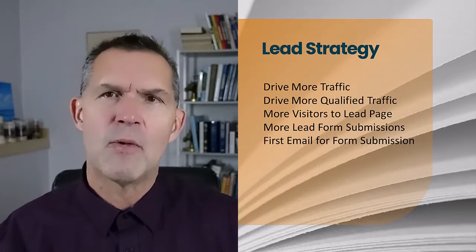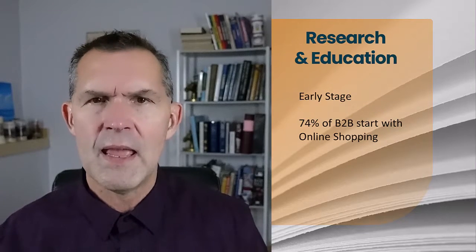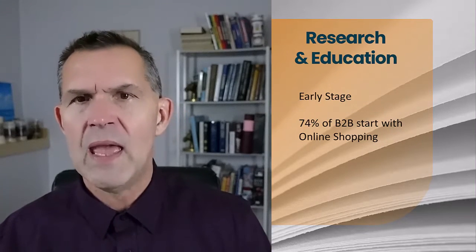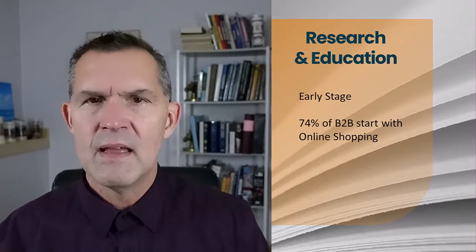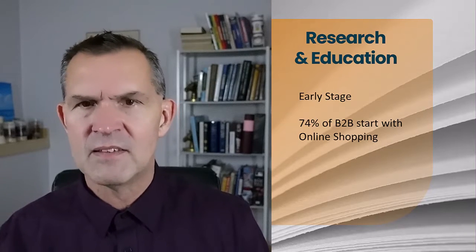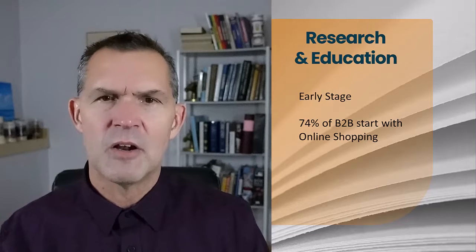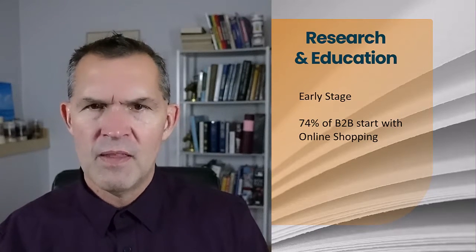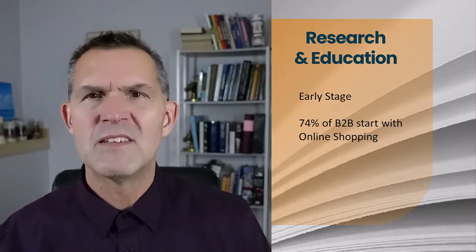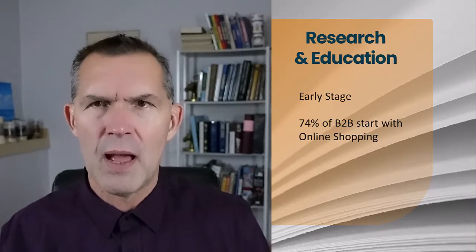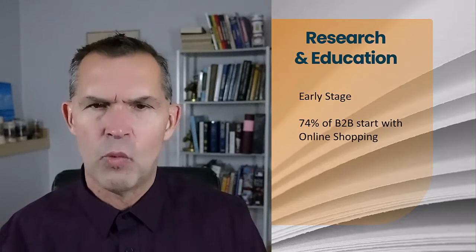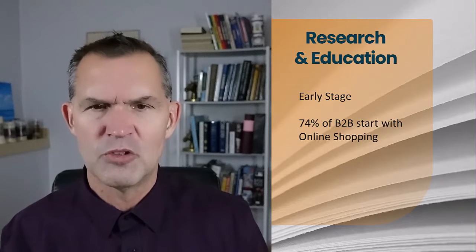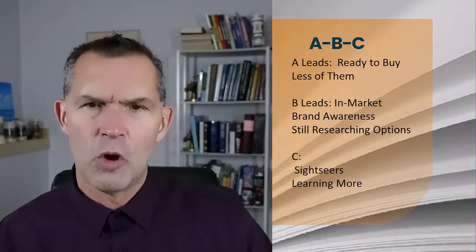And then you've got really what I like to call your ABC leads. So A leads, they are ready to buy. There's a lot less of your A leads. The B leads are those in market and those that are aware that they have a problem. They're researching options for their problem, but they haven't decided yet what they're going to choose for a solution. And then C leads are lower in the funnel.